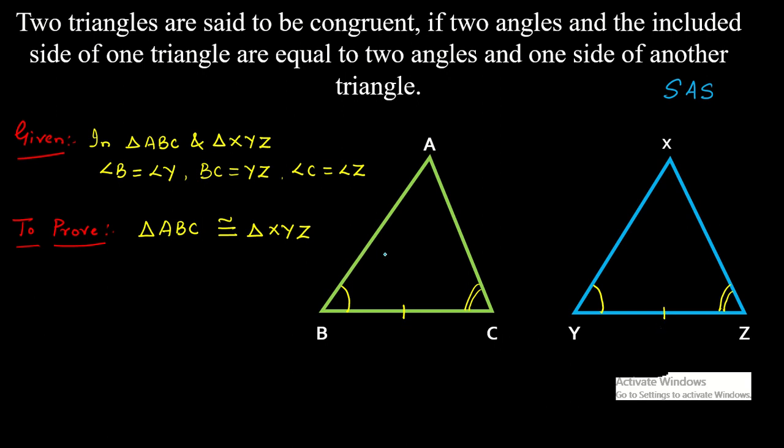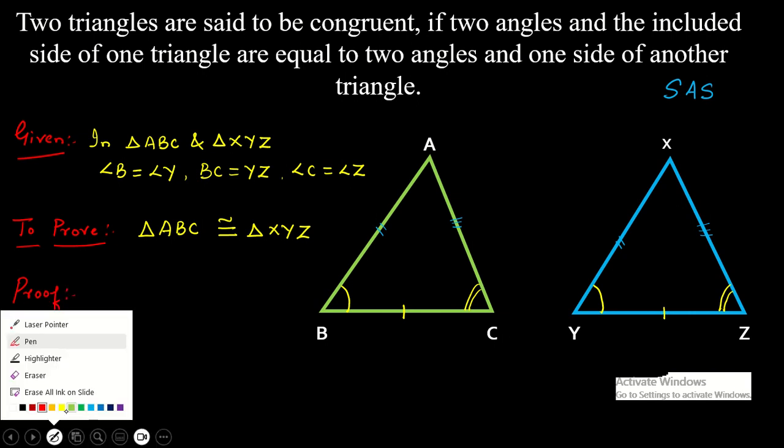So we will prove that triangle ABC is congruent to triangle XYZ if we can prove that either AB is equal to XY, or AC is equal to XZ. Let's try to prove here that AB is equal to XY.